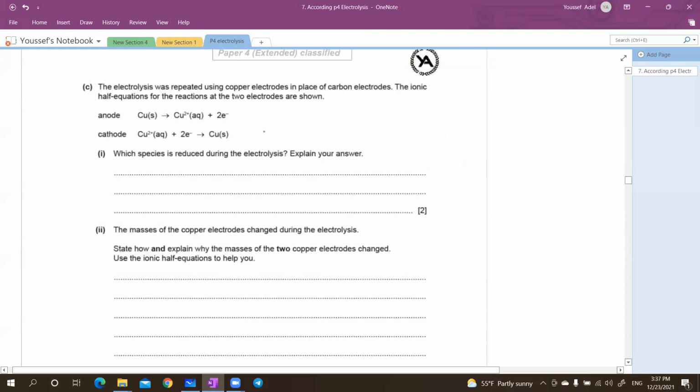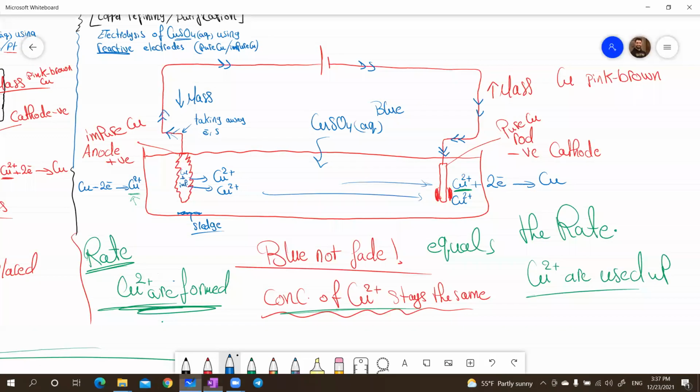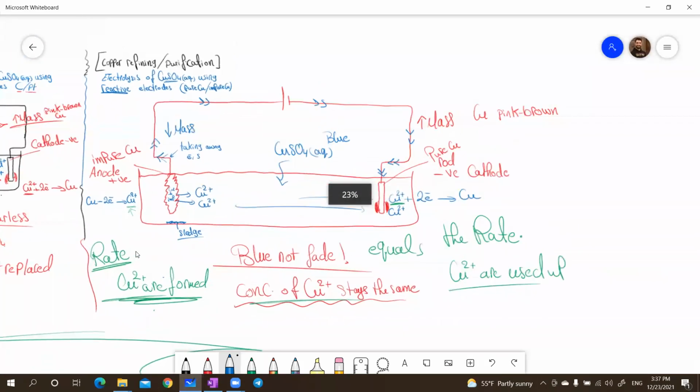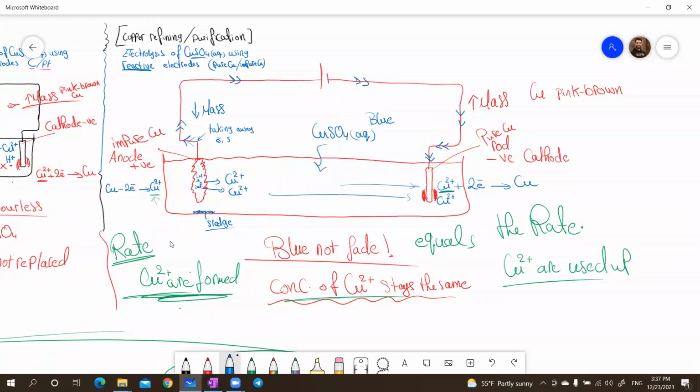The electrolysis was repeated using copper electrodes in place of carbon electrodes, and the ionic half equations for the reaction at the 2 electrodes are shown. Don't forget that in the reactive scenario, the anode is made up of impure copper and the cathode is made up of pure copper. What happens at the anode is that the copper atoms change to copper ions, which go into the solution, and at the cathode the copper ions change to copper atoms.